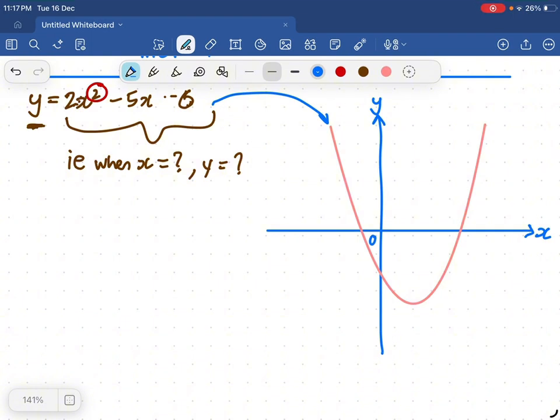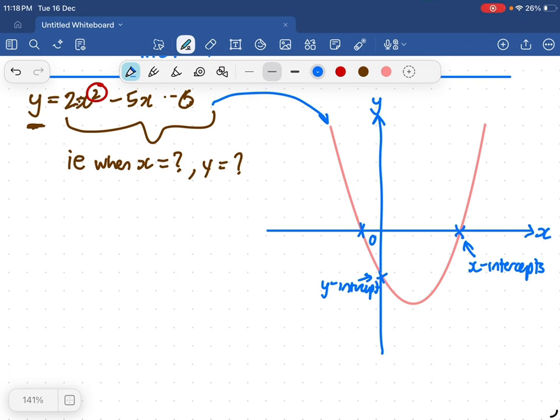So let me just label the points for you. This is our x-intercepts. This is our y-intercept. As you may know, to find the x-intercept, we sub y equals to 0 into the equation. To find the y-intercept, we sub x equals to 0.